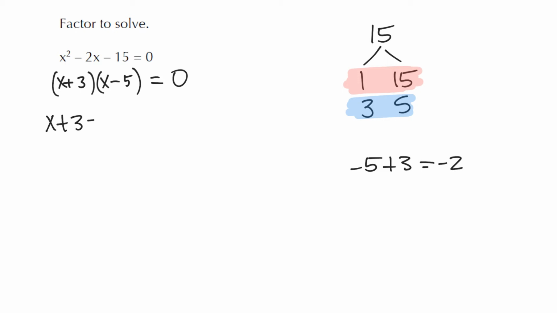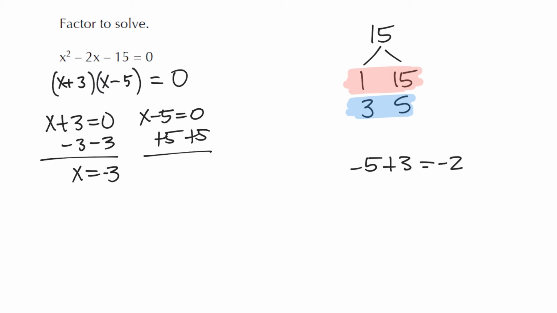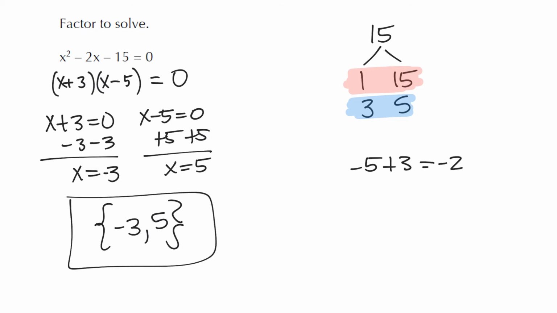Once I've factored, I take my factors and set them equal to 0 and solve. So I have x is equal to negative 3 and x is equal to 5. And we can put those in set notation, so negative 3, 5. Okay.